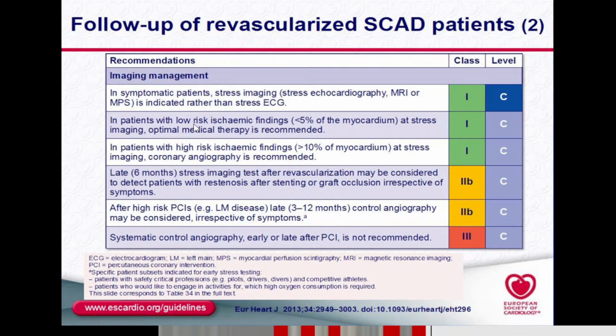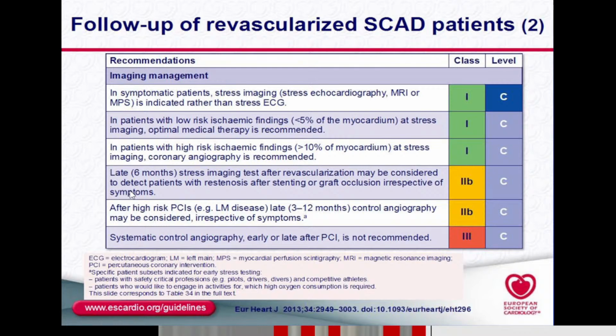In patients with low-risk ischemic findings, less than 5% of the myocardium at stress imaging, optimal medical therapy is recommended. And in patients with high-risk ischemic findings, more than 10% of myocardium at stress imaging, coronary angiography is recommended.